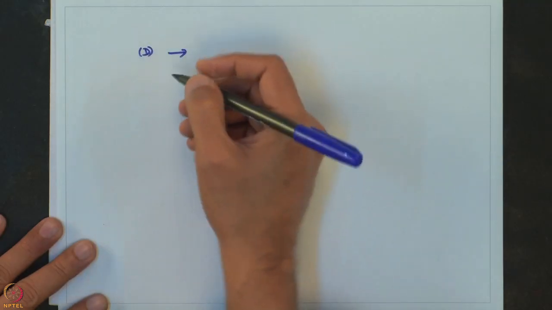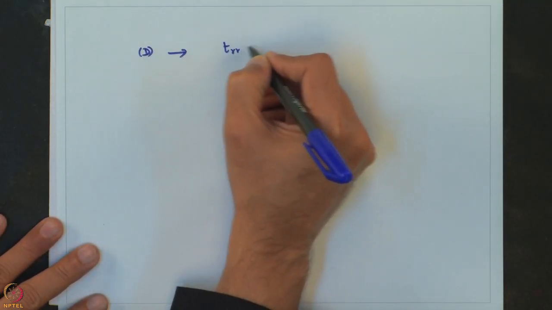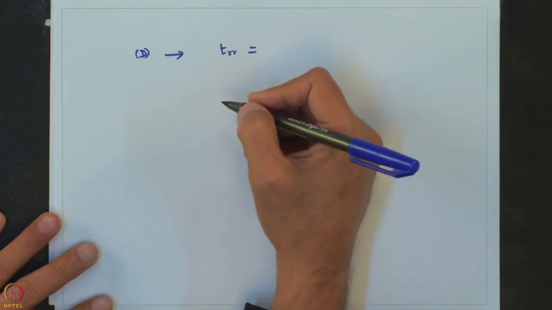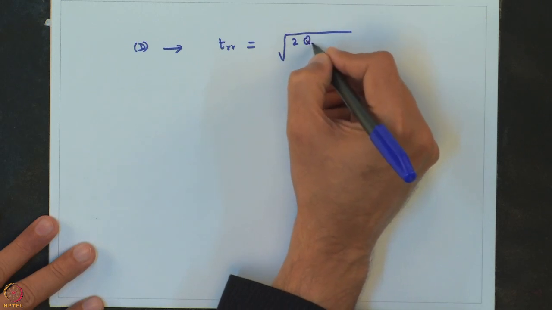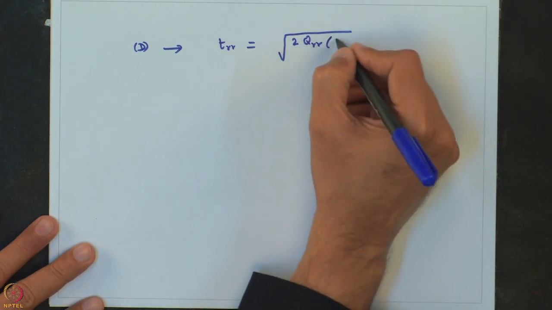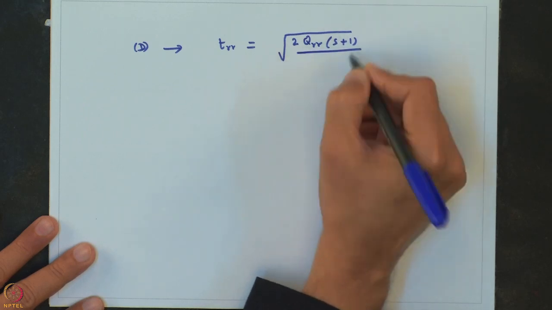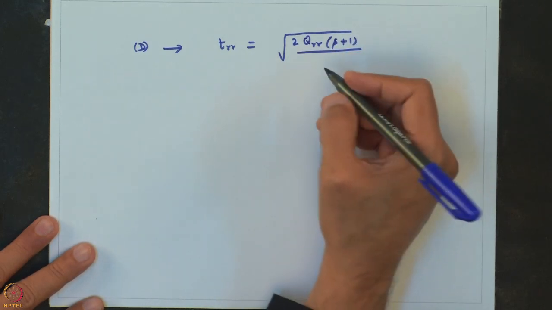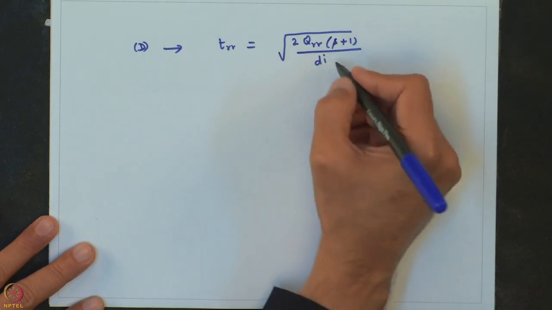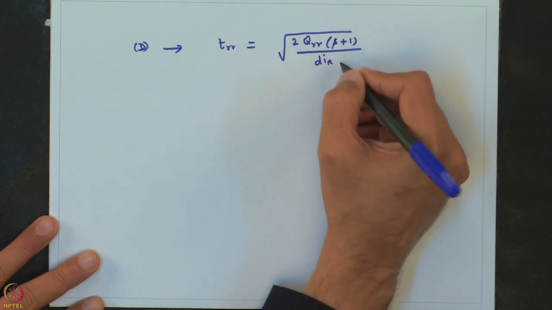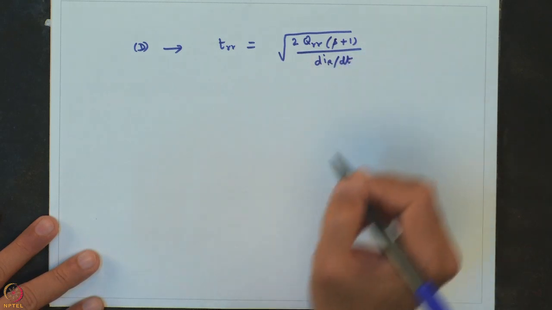D leads to a more comprehensive expression for the reverse recovery time. TRR turns out to be the square root of 2 QRR into S plus 1, and the denominator within the square root is diR by dt.